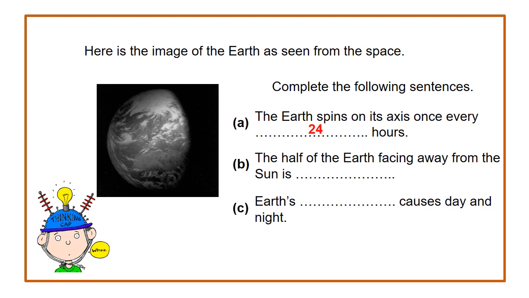We have 24 hours. For letter B, the half of the Earth facing away from the Sun is nighttime. And lastly, we have letter C, Earth's blank causes day and night. We have rotation.